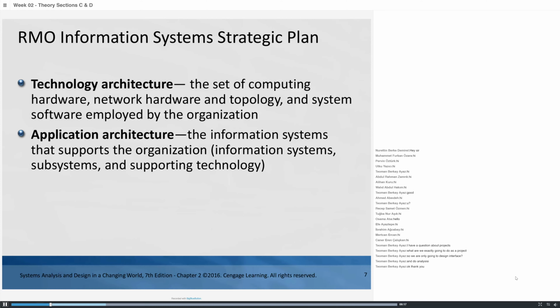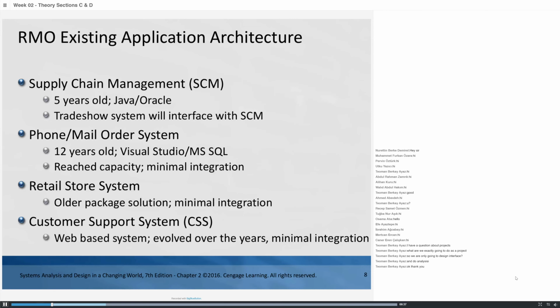Each information system supports the work that needs to be carried out by the organization. The strategic plan includes what the information systems are and how the information systems are integrated together. So, from this point of view, let me proceed.